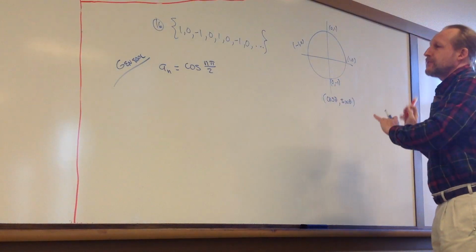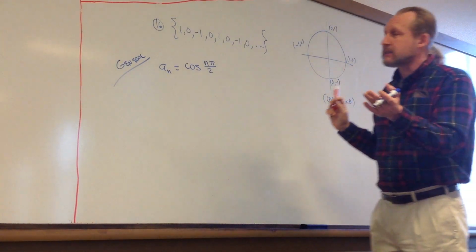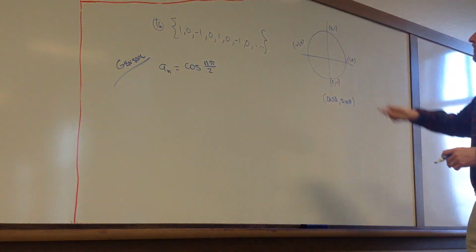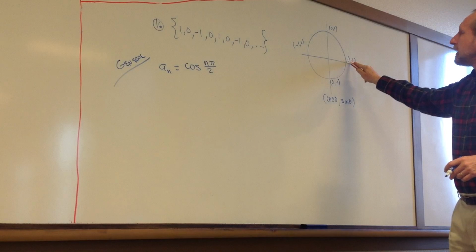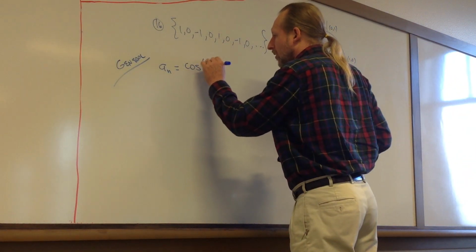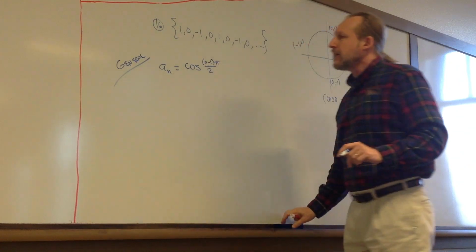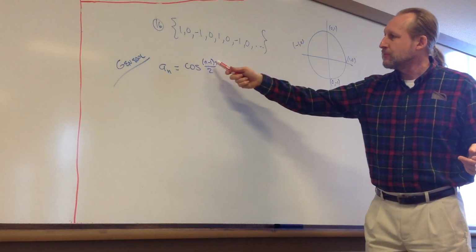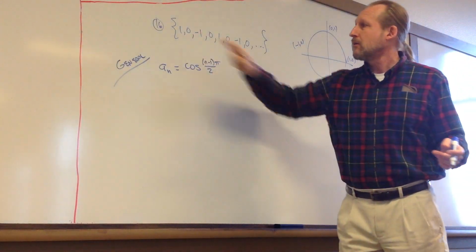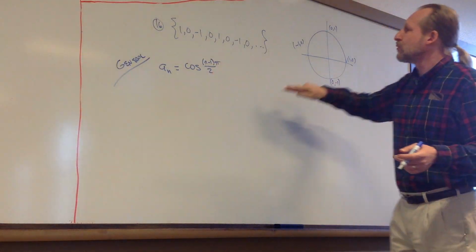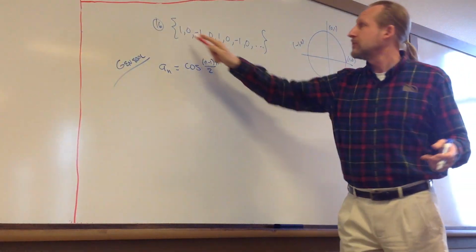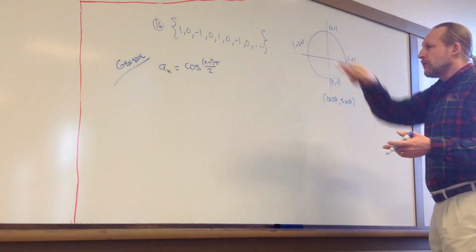If we wanted to shift this back, we could do kind of the same thing that we did with that negative 1 to the n power, right? So if we wanted to start here, we could just make this n minus 1 times pi over 2. And that way, for the first term, this would be 0. Cosine of 0 would be 1, right? Then for the second term, it would be cosine of 1 pi over 2, and that would give us the 0, and so on. So that works fine.